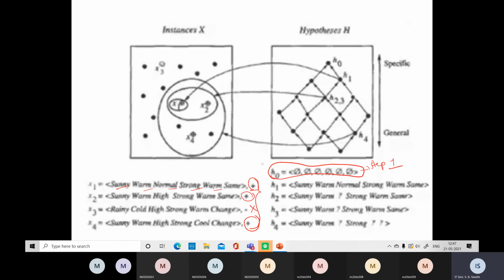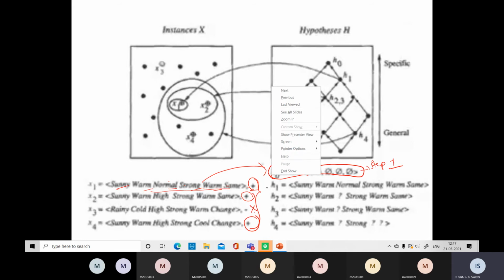Because it is positive, I will modify this H naught. All the null values will be replaced by the 6 instance values: sunny, warm, normal, strong, warm, same. So the H naught hypothesis will be modified to H1. Now H naught is not present; instead we have H1.